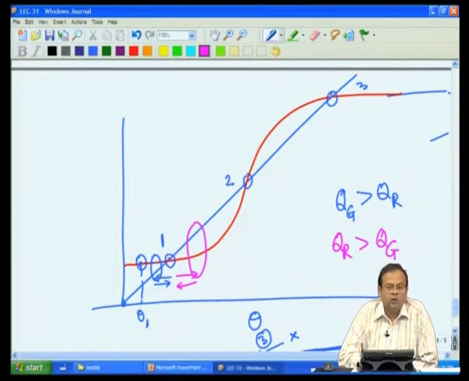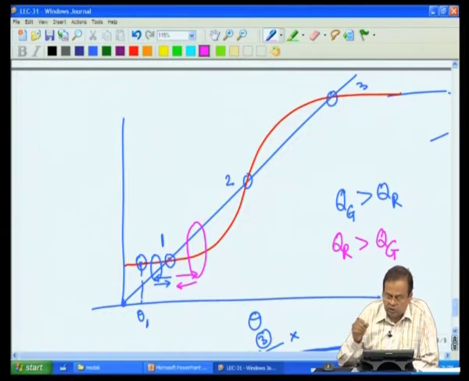We will look at the formal definitions of steady state, inherently stable steady state and so on a little later. But let us try to look at what will happen at steady state 3.